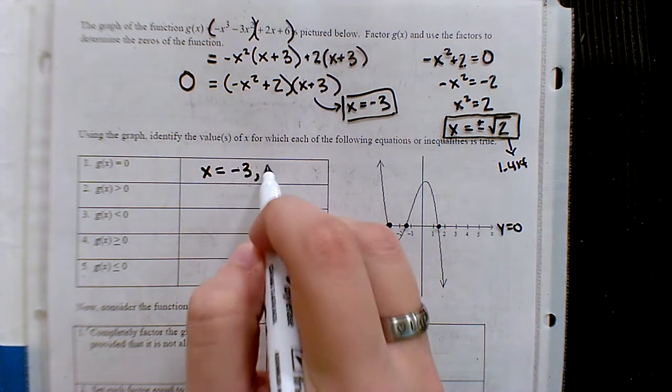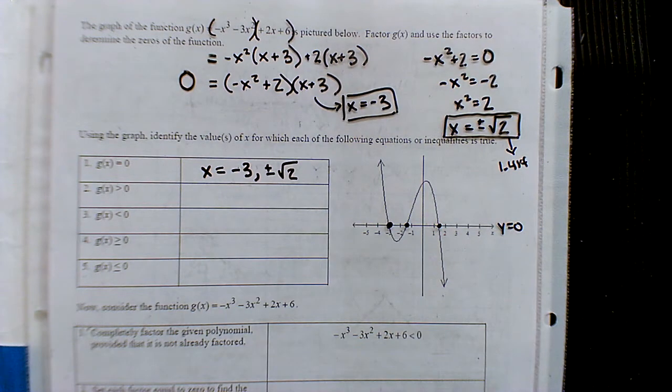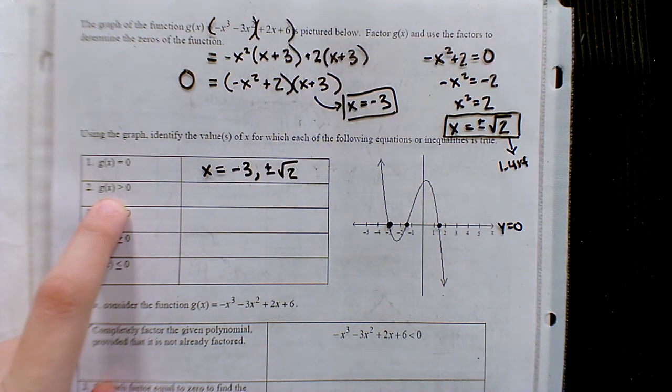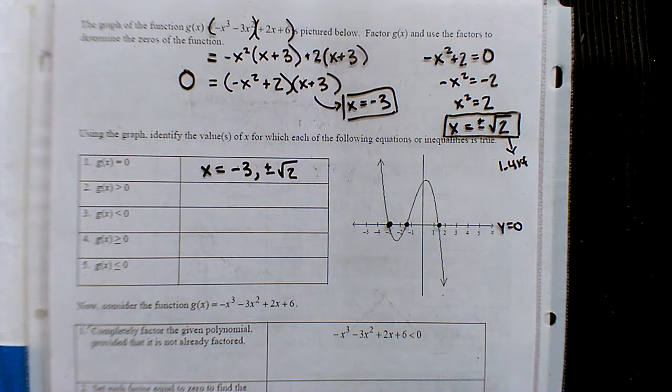We said -3 and then either plus or minus the square root of 2. What about when the y values are greater than 0? Meaning above the x-axis. Can we fill in those intervals?